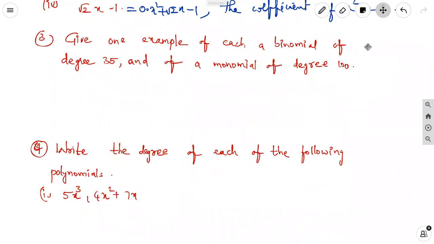Third problem. Give one example each of a binomial of degree 35 and of a monomial of degree 100.